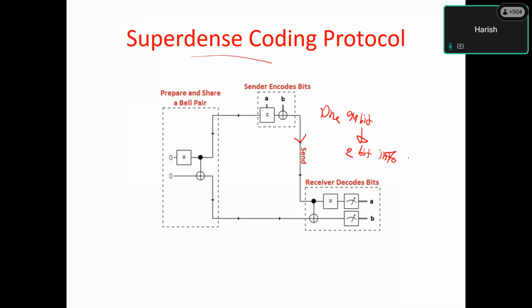Because an entangled pair is there in both teleportation as well as superdense coding, here the goal is that using one qubit, 2 bits of information are transferred.